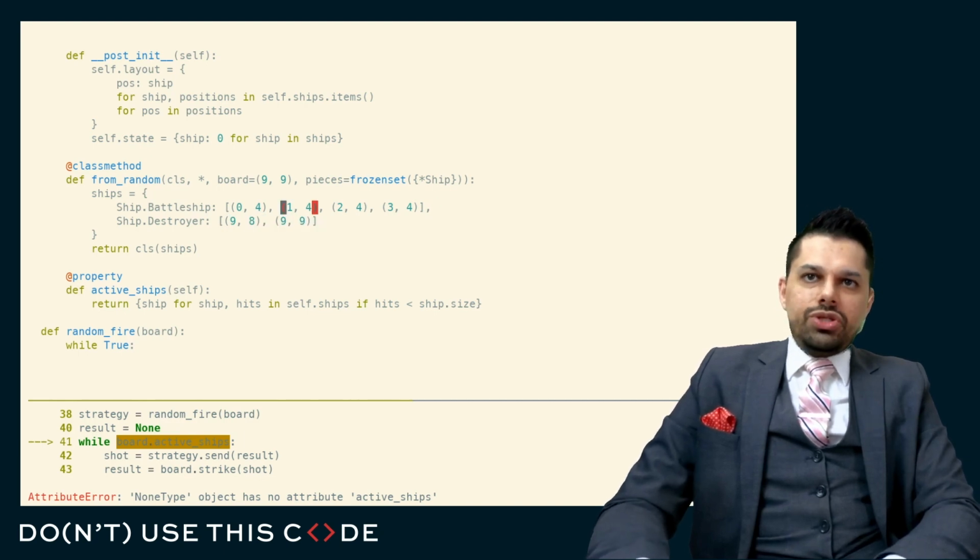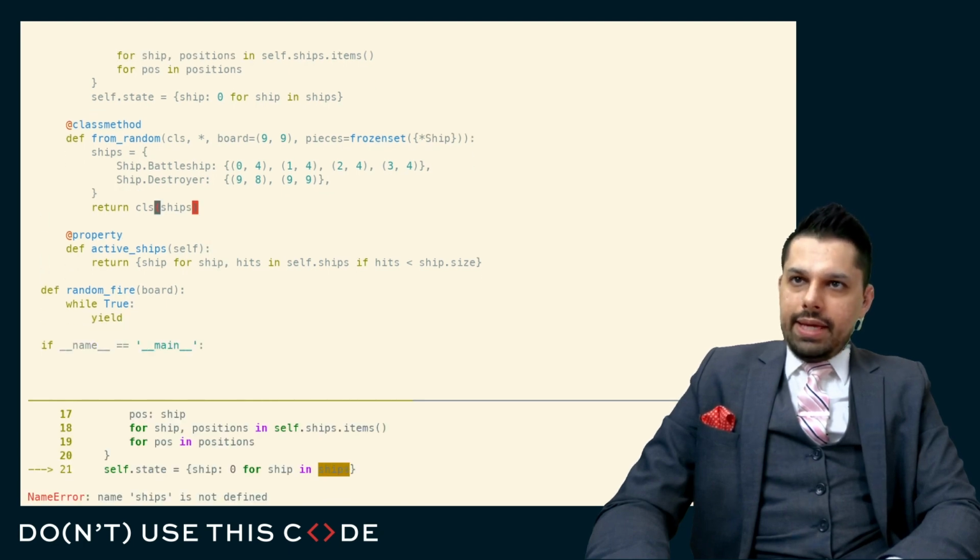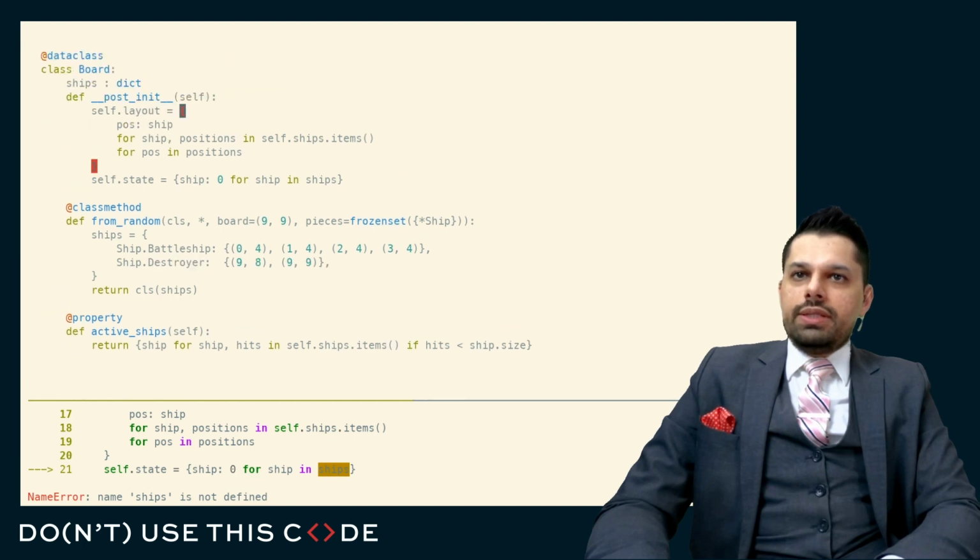And I guess these positions don't really have an ordering associated with them, so this is going to be a set instead of a list. So there we go. And this should be ship for ship in ships.items. Very good. And this should be self.ships.